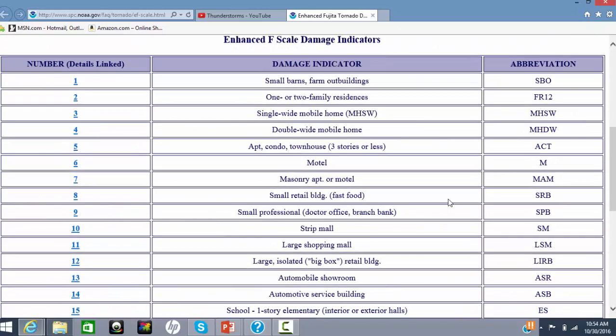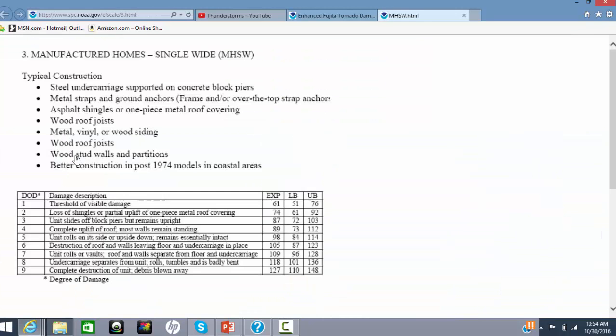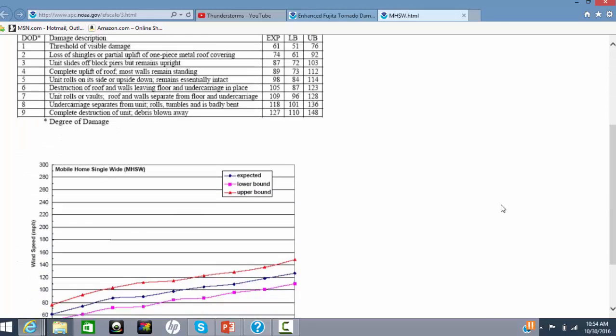These are called the damage indicators for all different types of places that can get damage from a tornado. So for example, let's say a tornado has gone through an area and damaged single wide mobile homes. We click on that, and we get this information here.